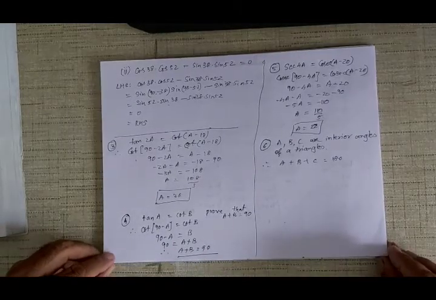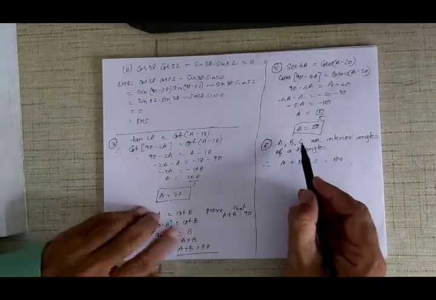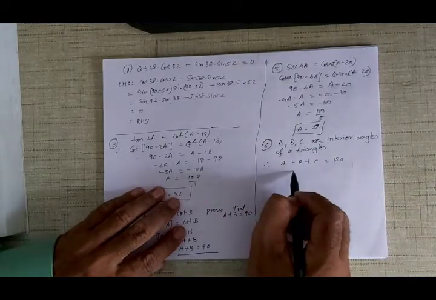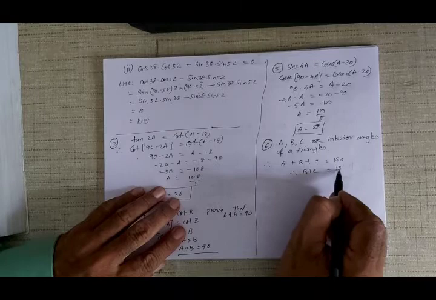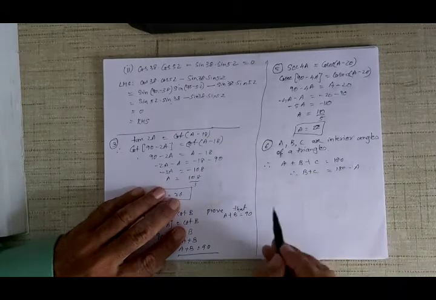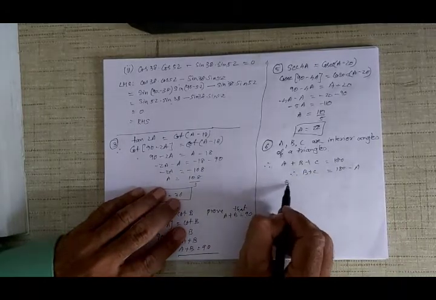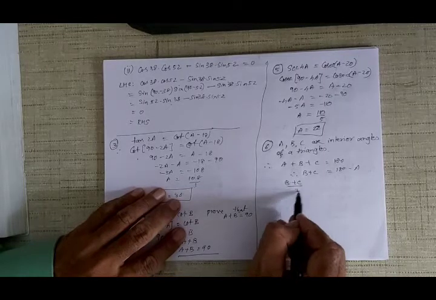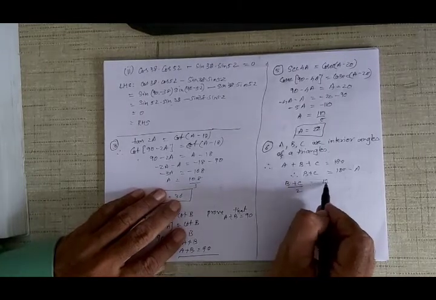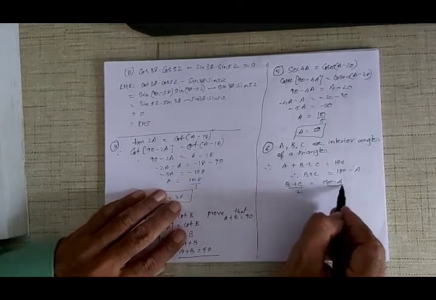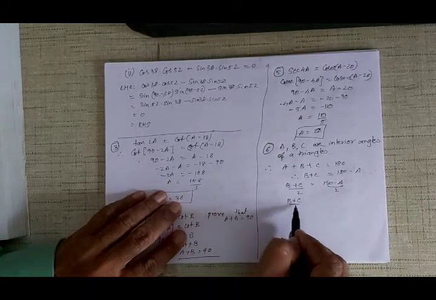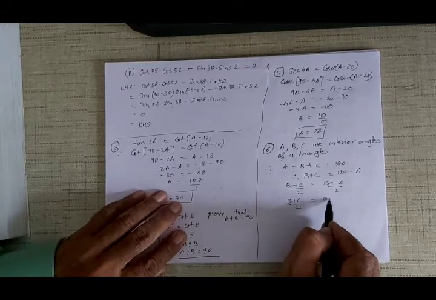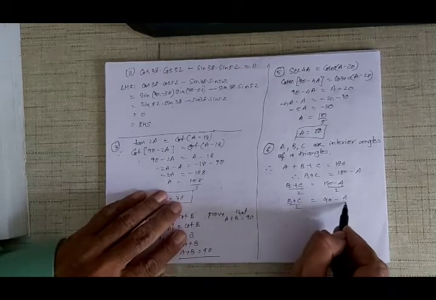All right. Now, all I have to do is I want B plus C on this side. So therefore, I am keeping B plus C on this side, is equal to 180 minus A. Now, if I divide by 2, (B plus C) divided by 2 is equal to (180 minus A) divided by 2. So therefore (B plus C) by 2 is equal to 90 minus A by 2.